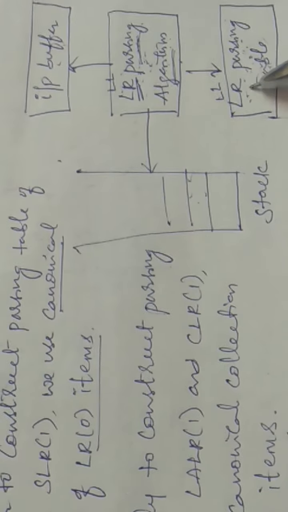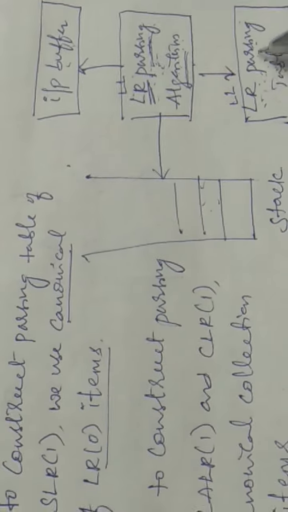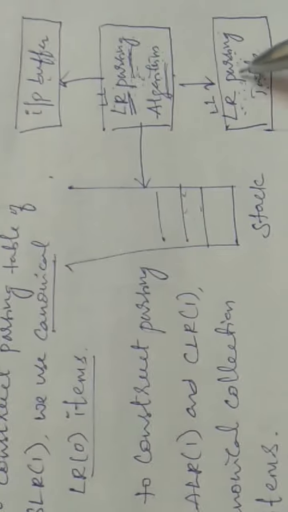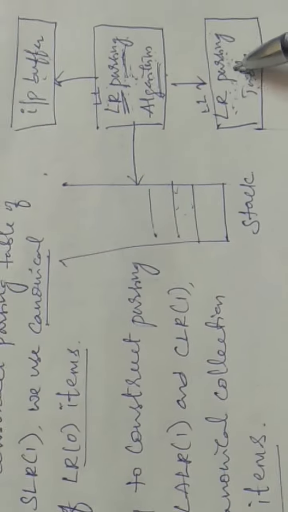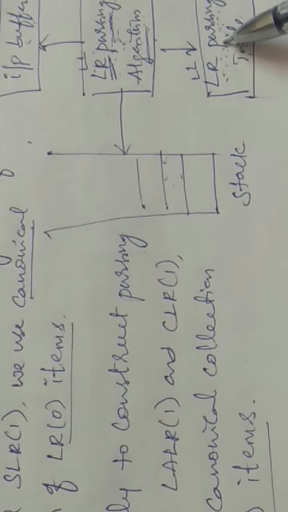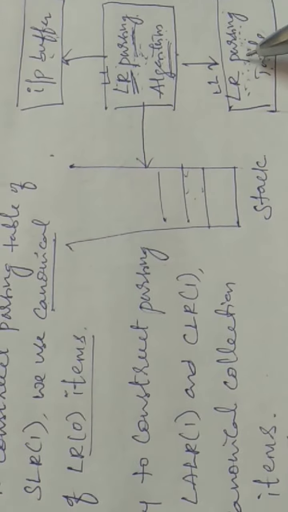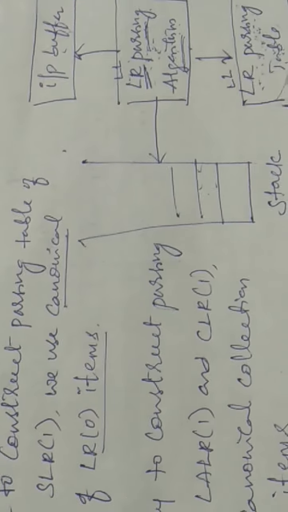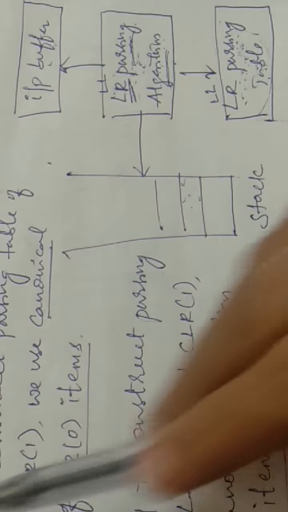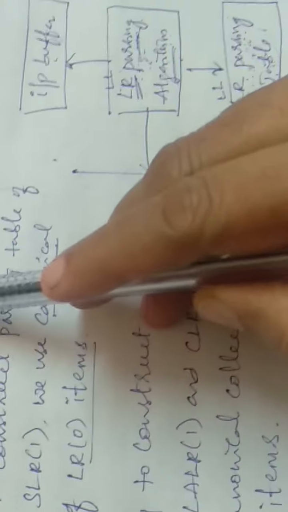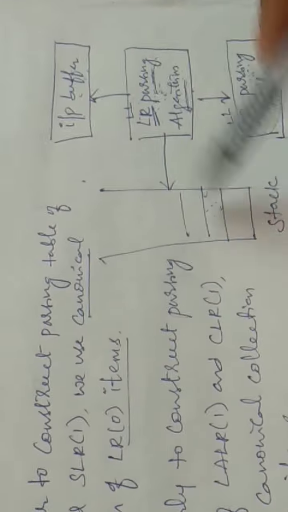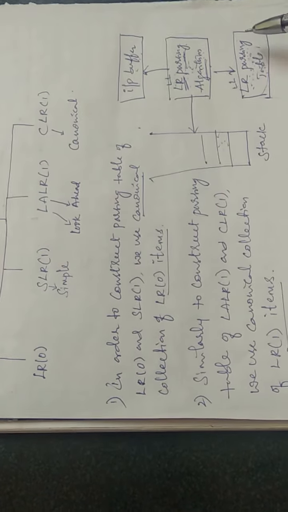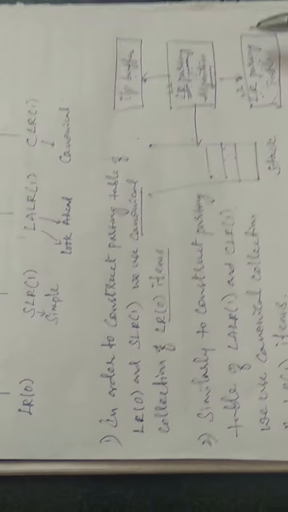For example, the LR0 parsing table will not be the same as for SLR1, LALR1, and CLR1. To construct LR0, SLR1, LALR1, CLR1, the most common parts are the input buffer and the stack. The only difference is in the parsing table, with slight differences between each other.